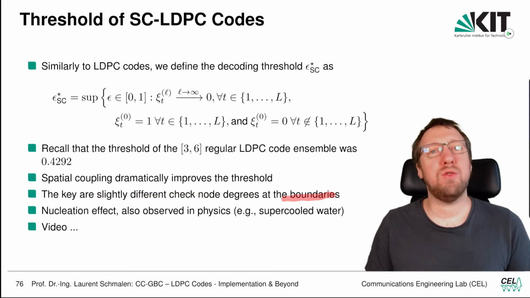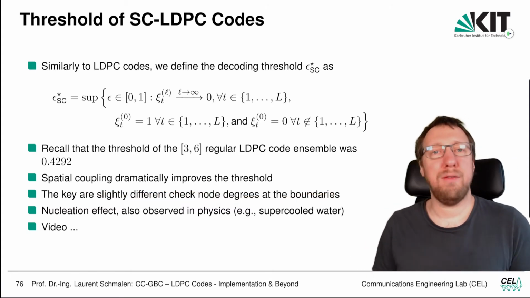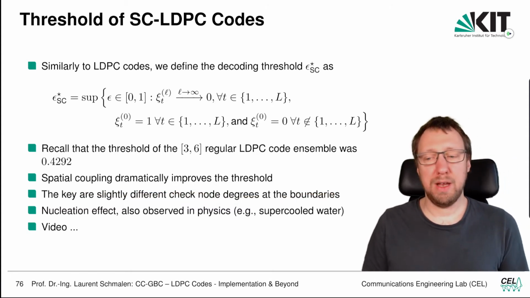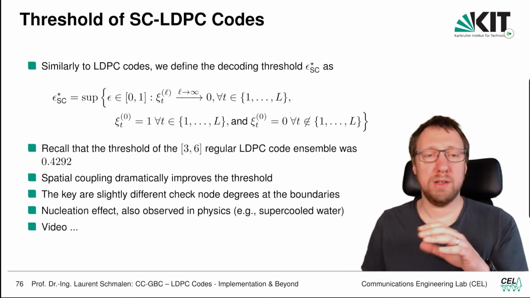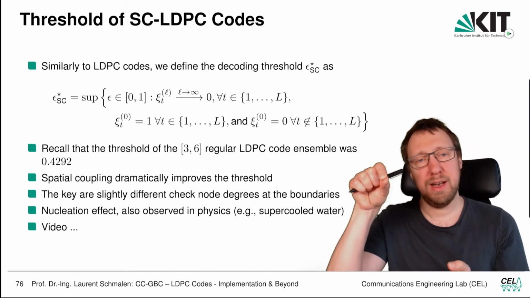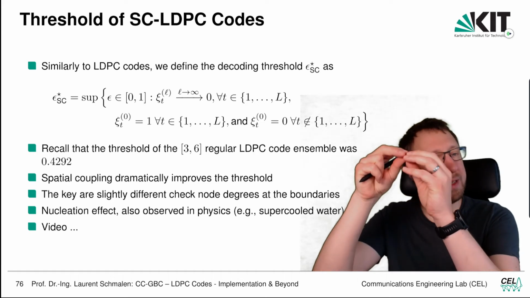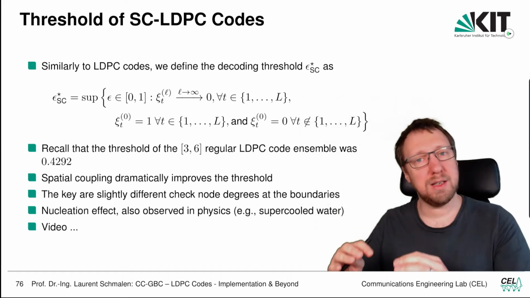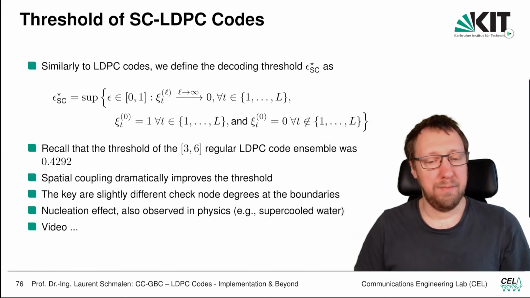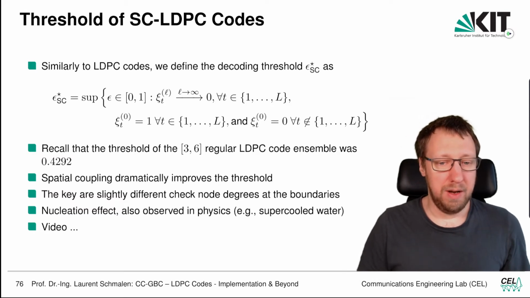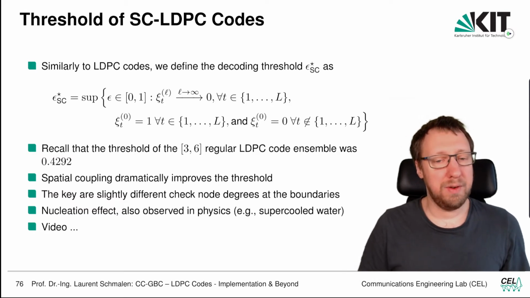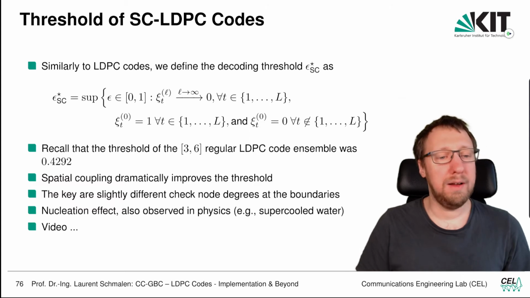And this is very similar to a nucleation effect that we have in physics. So you can see those super cooled water, for instance, and if you put some impurity in it, then it starts to freeze from this impurity, and it freezes slowly to the outside. And this is this effect we can observe in cooled water.